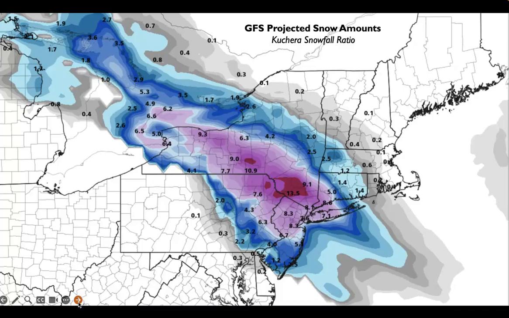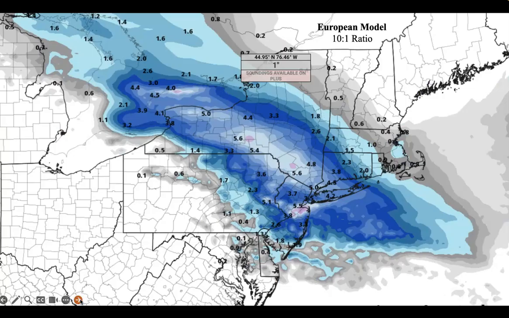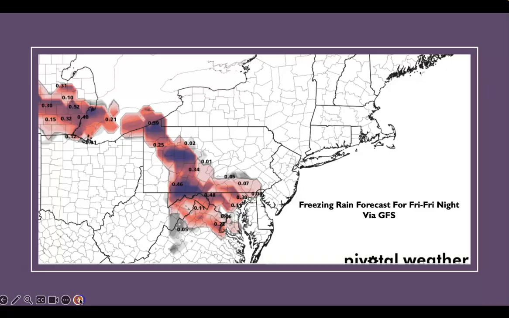So this is just the projected snow amounts from the different models. This is the GFS. This is the NAM. And see, the NAM is a lot lower, which is why I was hesitant to go higher at the coast. This is the European model, but the European model is limited because it can only do a 10 to 1.